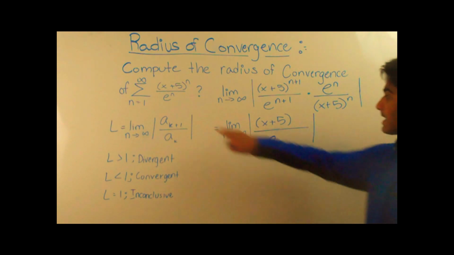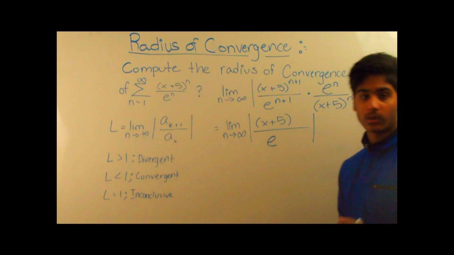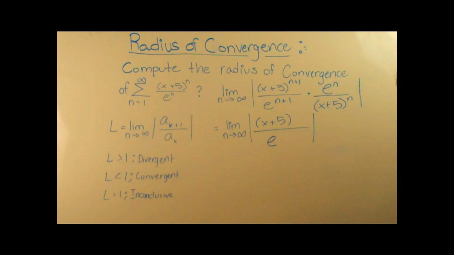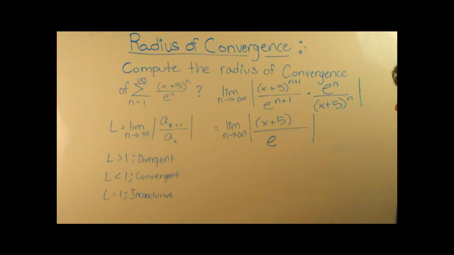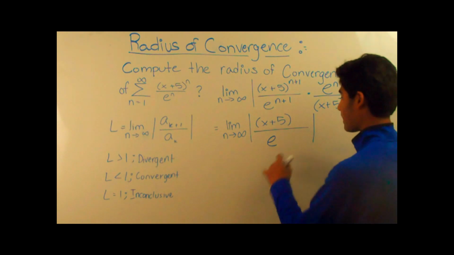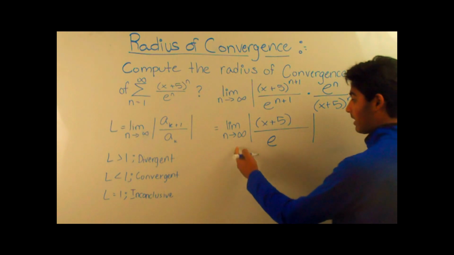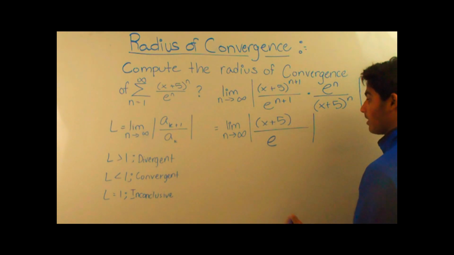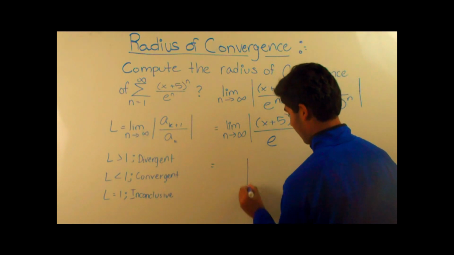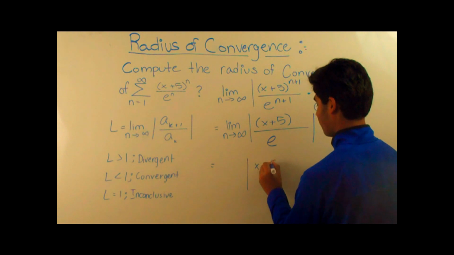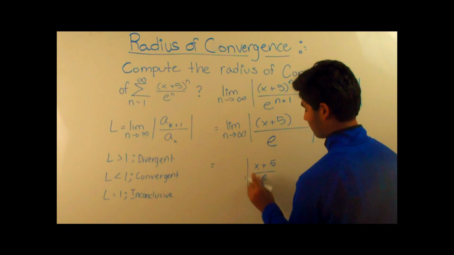In this example, x is a constant because we plug the value in and then we see if the series is convergent. So we know that these are all constants, so we can pull it out of the limit. Or we can just say that because there is no n in here, the limit is equal to this. So the limit is equal to the absolute value of x plus 5 over e.